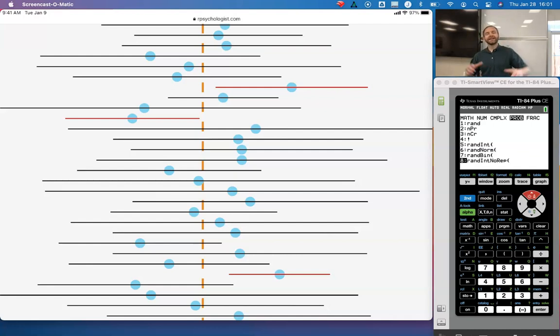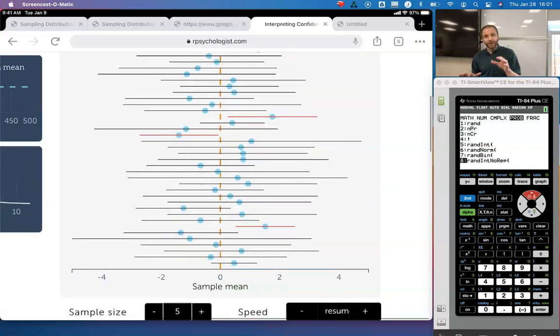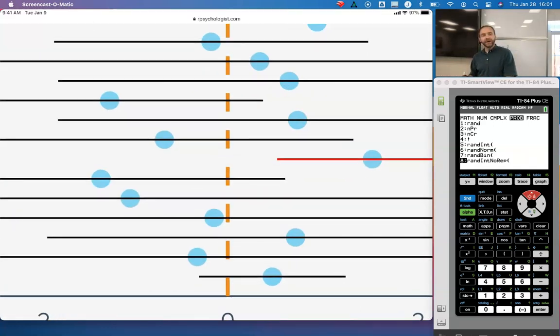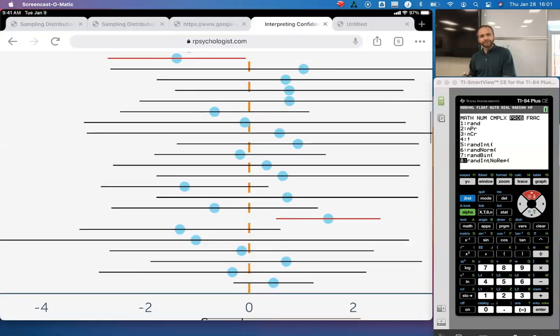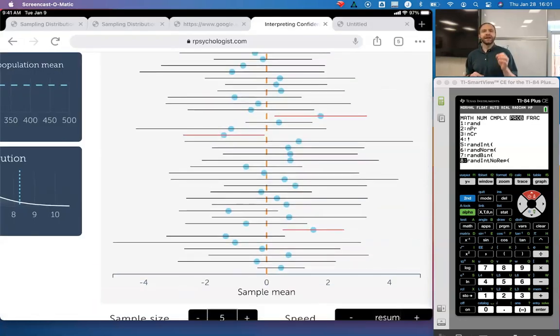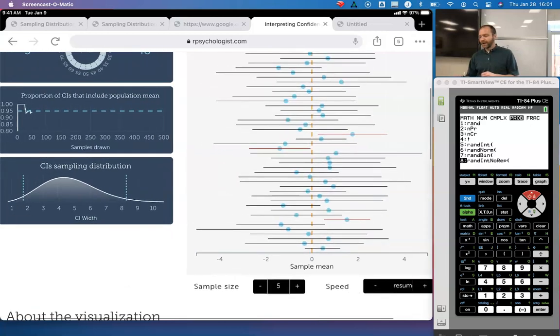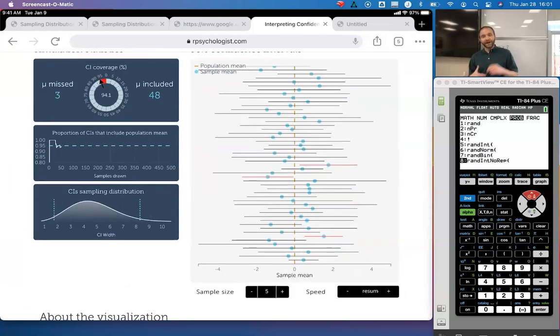That dashed line is the true population mean. So it missed it. All the other ones, the black ones, you can see overlap on that population mean, and so it captures that population mean. And what a confidence level is: so far out of the 51, I captured it 48 times.